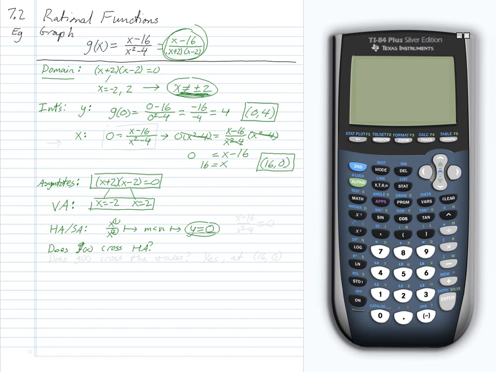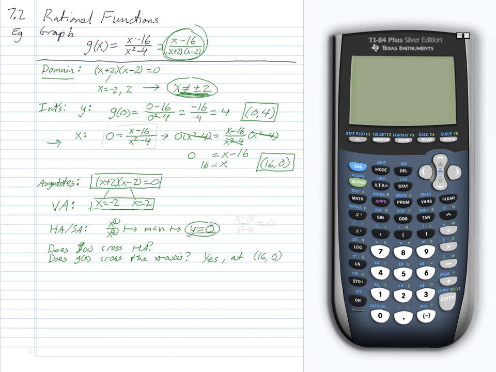So if I ask this a little bit differently, I could say, does g of x cross the x-axis? And we've already looked at whether or not this happens when we asked about the x-intercept. So yes, we already did the work, and it happens at 16, 0.